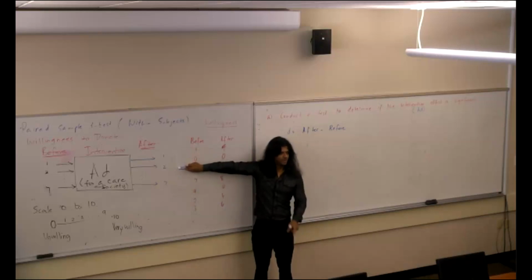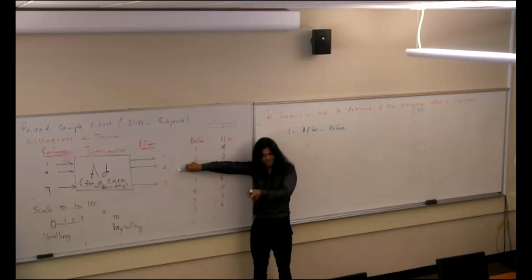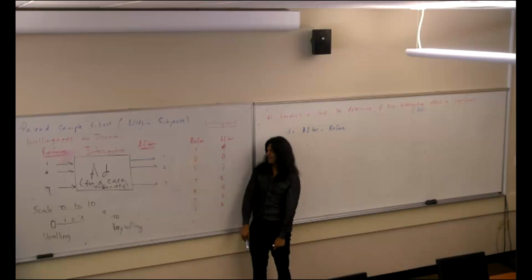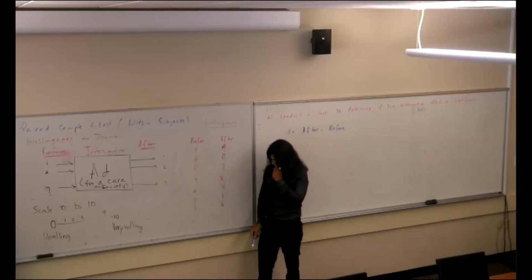Do you agree? If they live in the same house, they're probably connected somehow. One person is going to influence the other person. You are violating an assumption. Can't do this test.